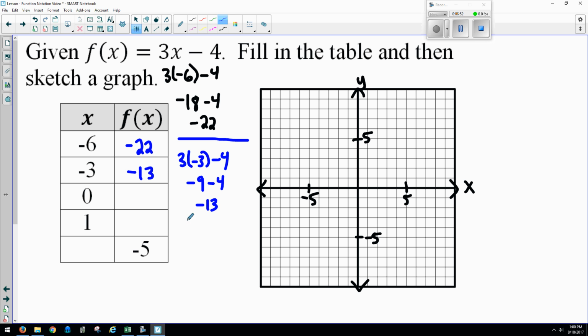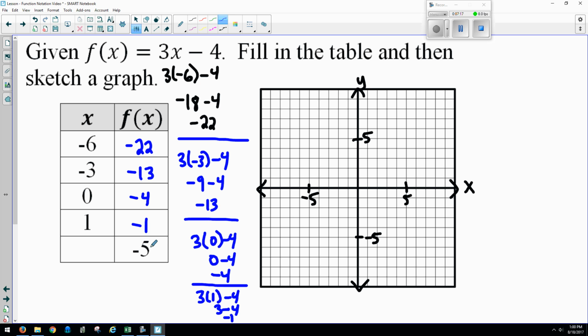When I plug in 0, I have 3 times 0 minus 4, which is 0 minus 4, or -4. Fortunately, I think I'm going to run out of graph for those first 2 points. All right, now I have 1, so I have 3 times 1 minus 4, 3 minus 4, which is -1.